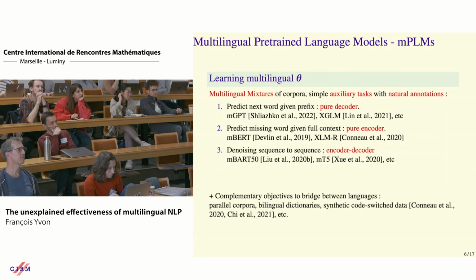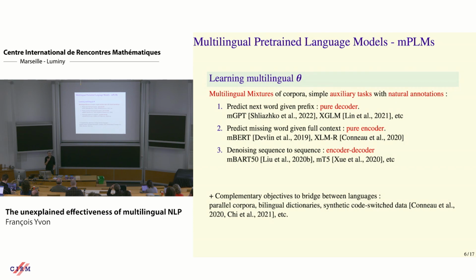Once we've done this, everything goes as usual. We can use the same kind of machine learning techniques that we use for monolingual NLP. We just input this, and we train either a system with masked language modeling or with an encoder-decoder architecture.